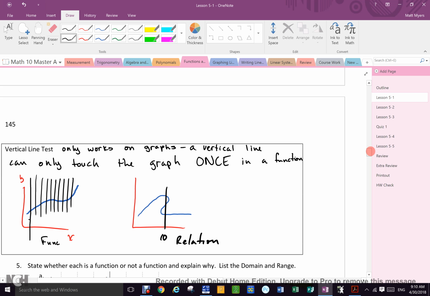And we are almost done, and I'm giving you no homework tonight, so don't worry. Look at number 5, and just tell me if it's a function or not. No. It's graphed, so we can use the vertical line test. Why not?